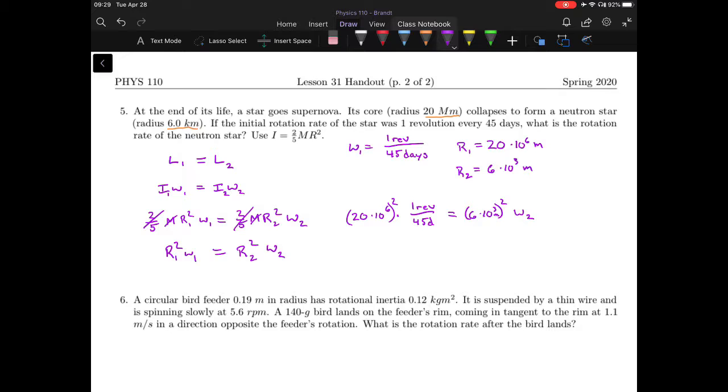And when we walk through and solve this, what we wind up with is 246,913 revolutions per day, or that's approximately 3 revolutions per second. So there's answer number 5.